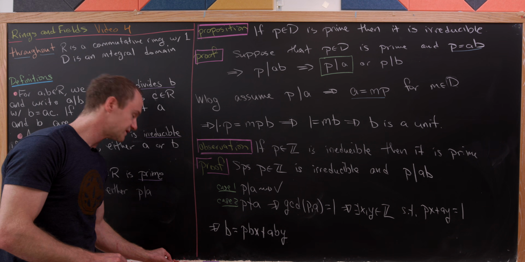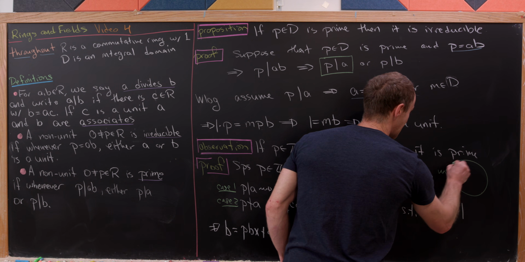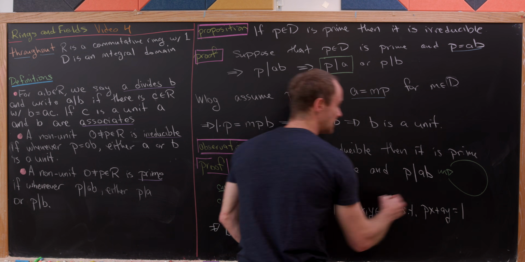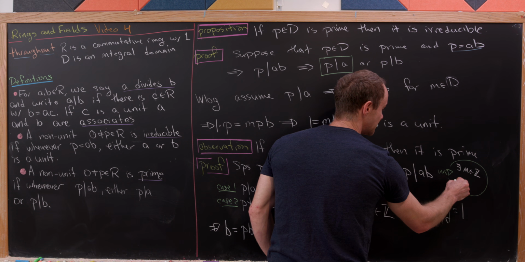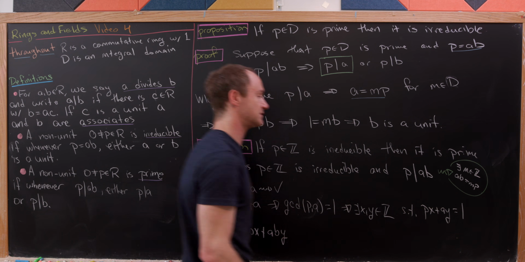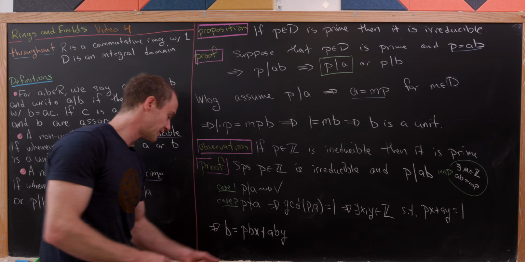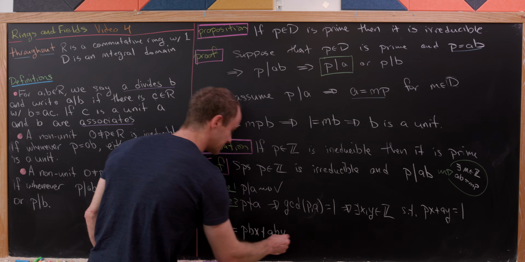But now we can use this fact up here that we started with. p divides a times b. But if p divides a times b, then that means that there exists an integer m such that a times b is equal to m times p. But that means we can replace this a times b with m times p.